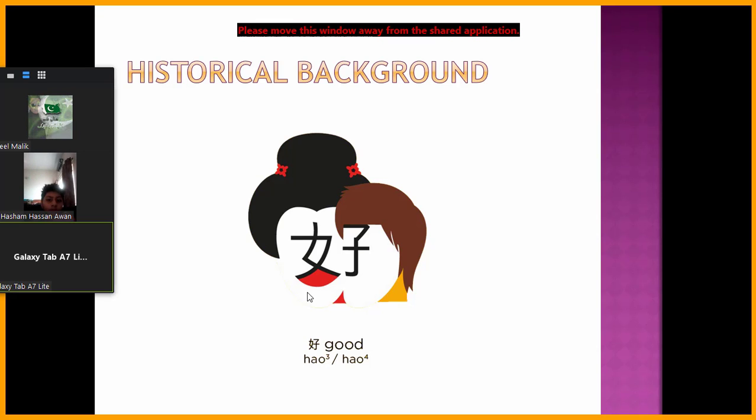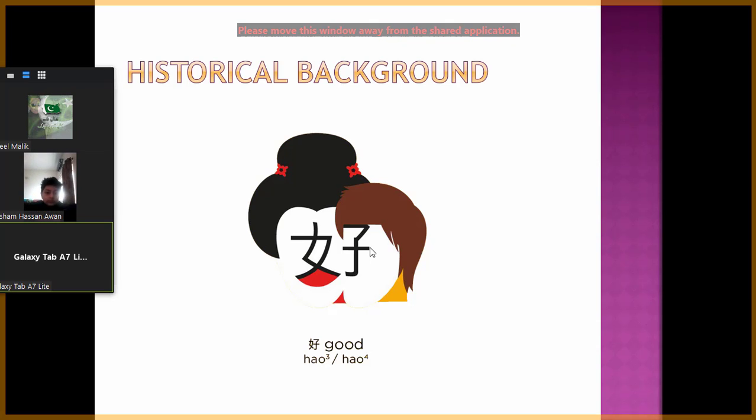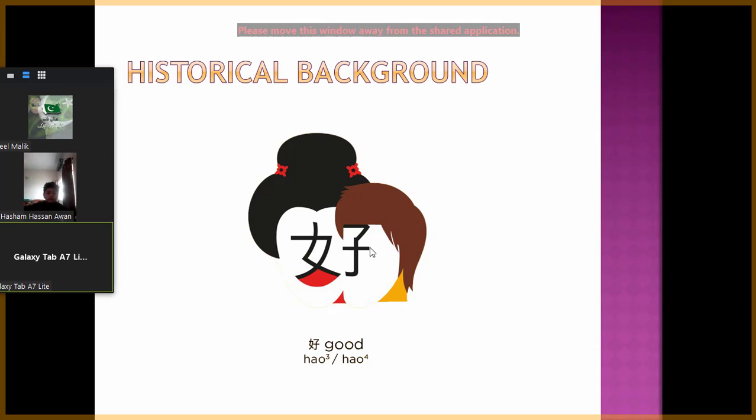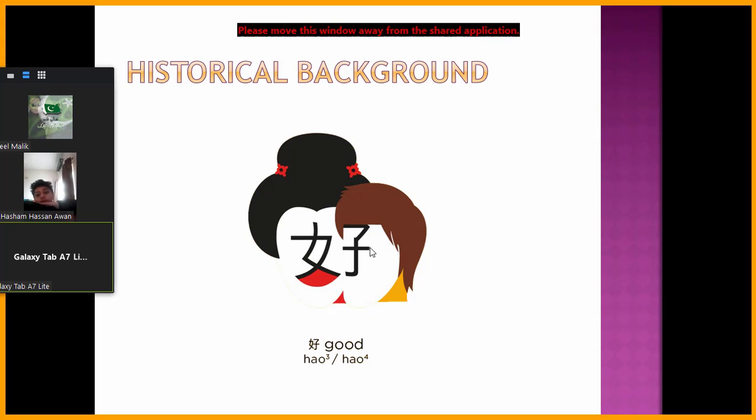And the right side is called zi, right? This radical means child. So a woman and a kid, it is thought that mother and a child, it looks good, right? It was their perception or thinking. So it looks good. So they made a picture of a new word and they call it hao, right?